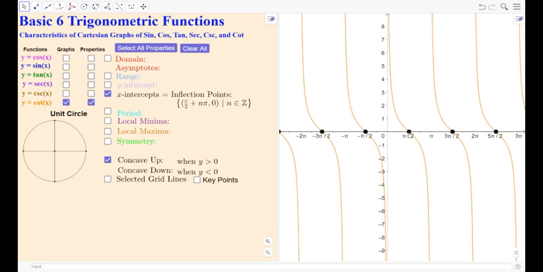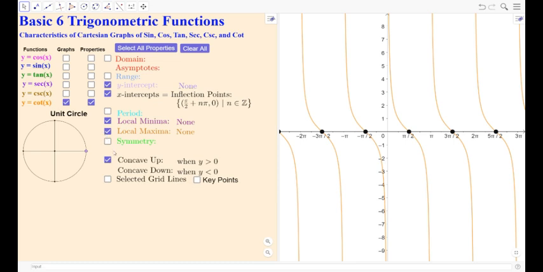Again, they happen at pi over 2 and at negative pi over 2 and at 3 pi over 2 and 5 pi over 2. So it's just pi over 2 plus n pi, comma 0, such that n is an integer. Again, the period is pi, so no surprise when that's just shifting by pi. It doesn't have any maximum or minimum points, and it doesn't have a y-intercept, so those are all just none.